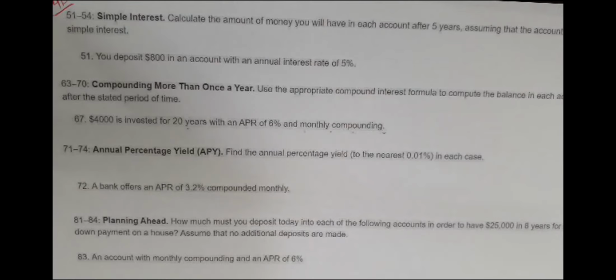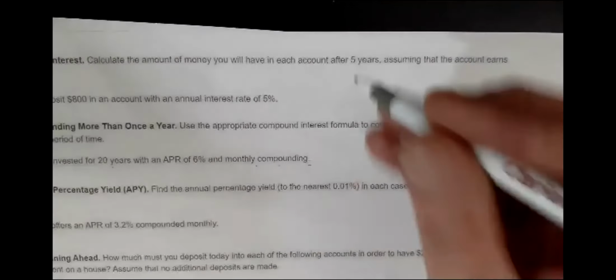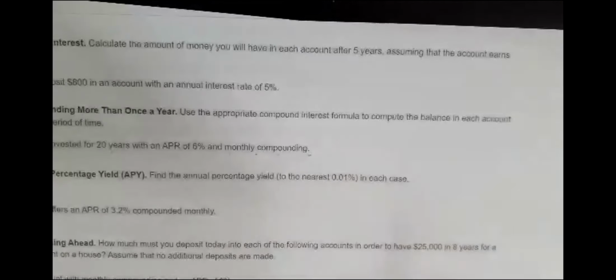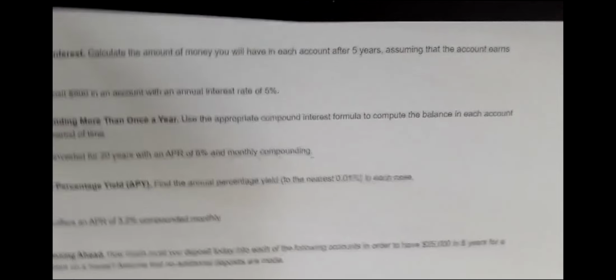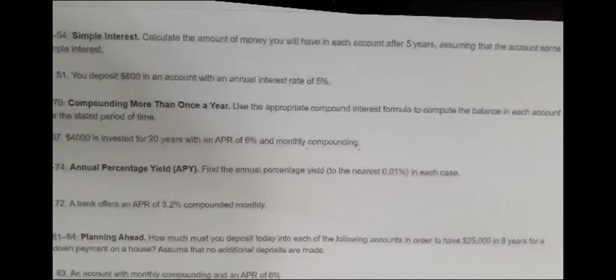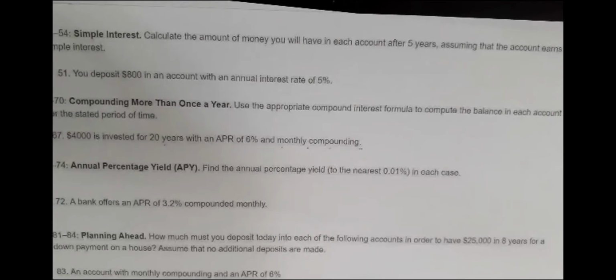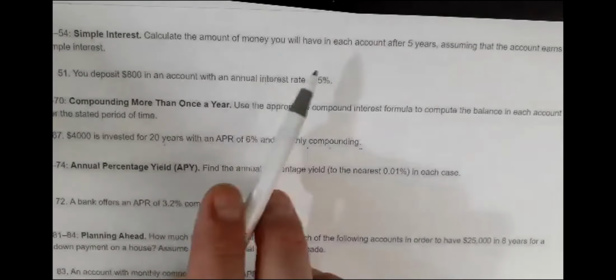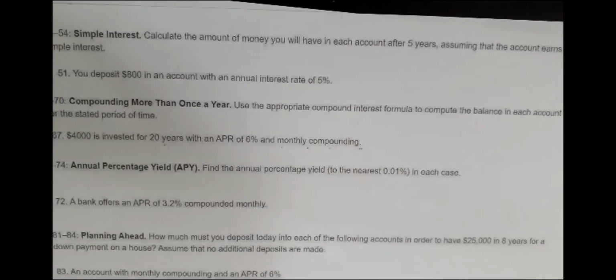how much money am I going to earn per year? So how much interest would I earn per year on this account? So we got 800 down and a 5% interest rate.